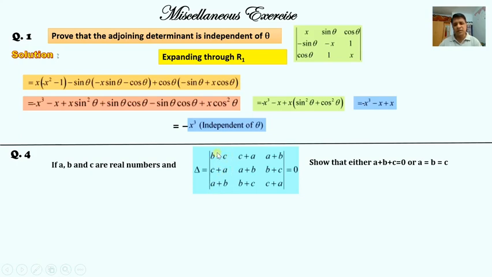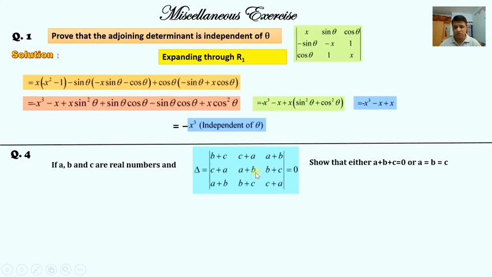A plus A is 2A, C plus C is 2C, and B plus B is 2B. Similarly here, as you can see, C, C, A, A, B, B. So we will get first R1 as twice of A plus B plus C. Then we can take that common and let us think about it later.